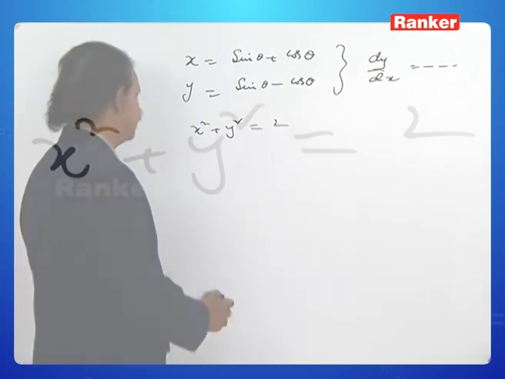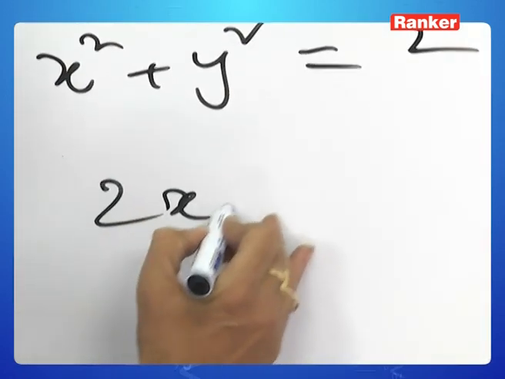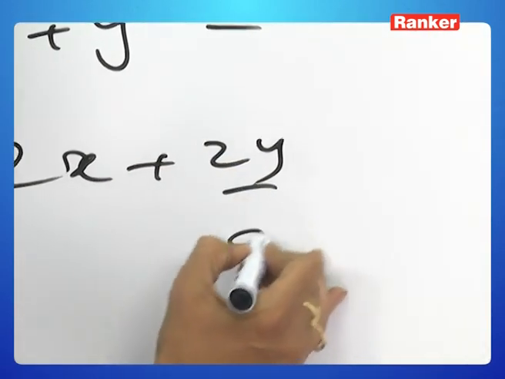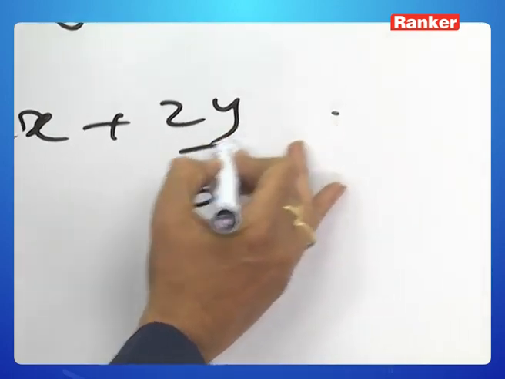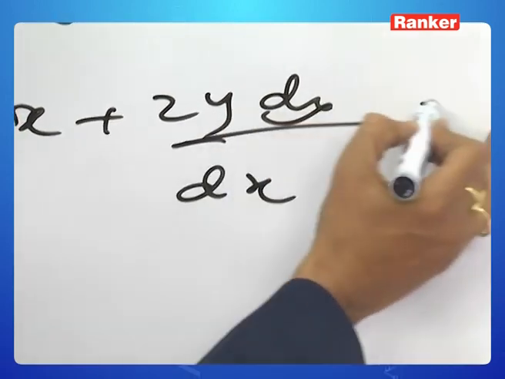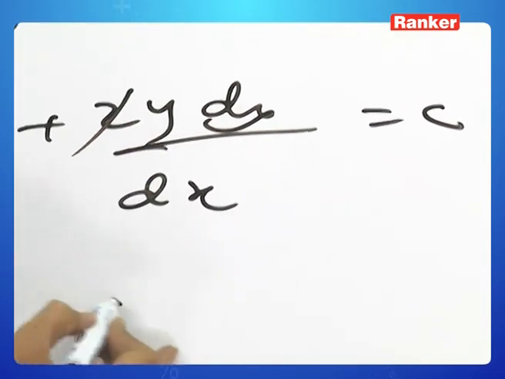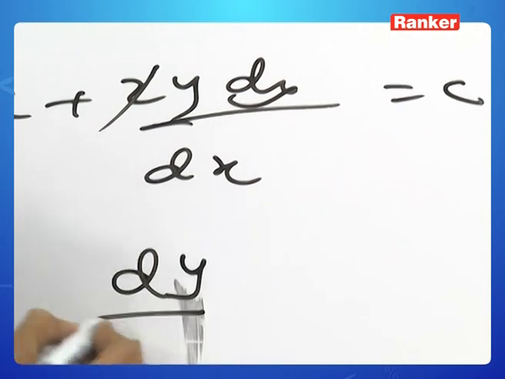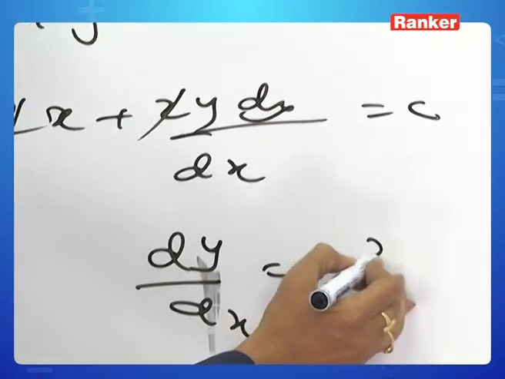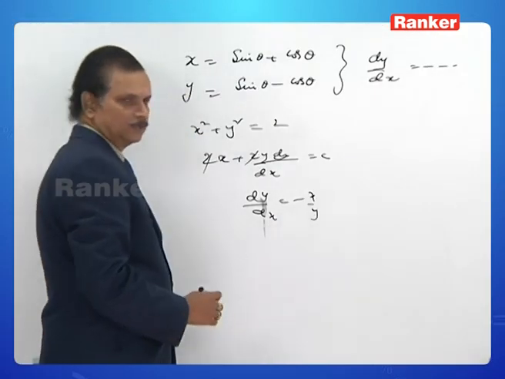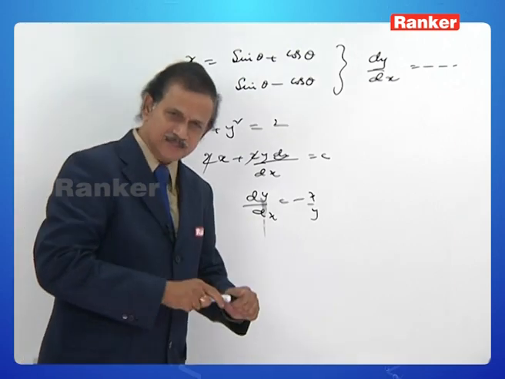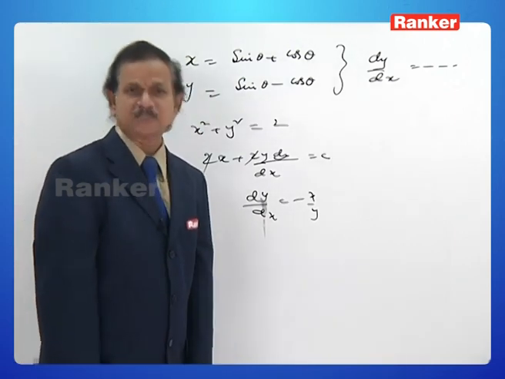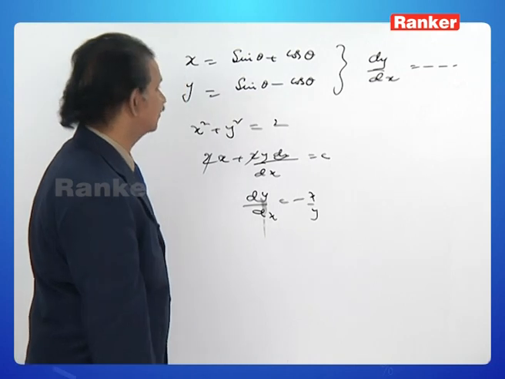Now differentiate on both sides: 2x plus 2y dy by dx is equal to 0. You can cancel 2. dy by dx is therefore equal to minus x by y. The same thing we could have had in the previous case also. Yes, of course. So it is minus x by y.